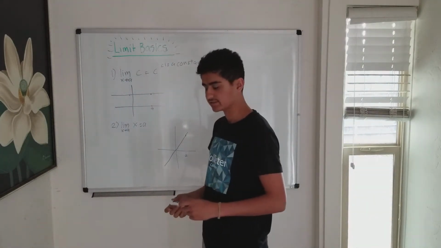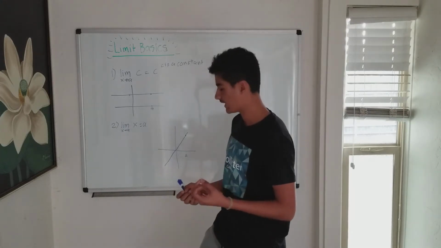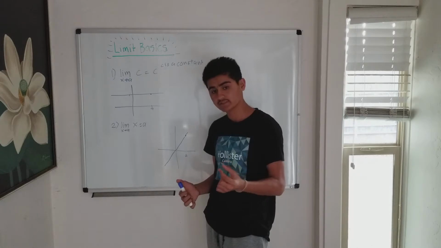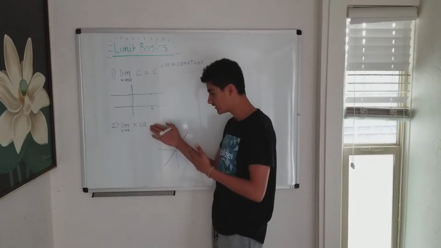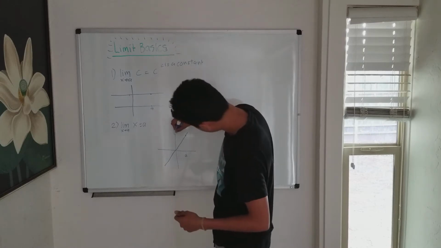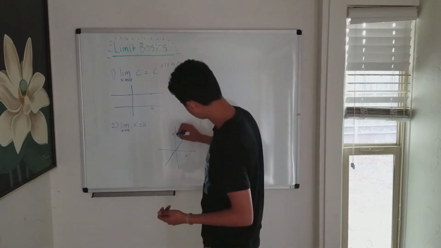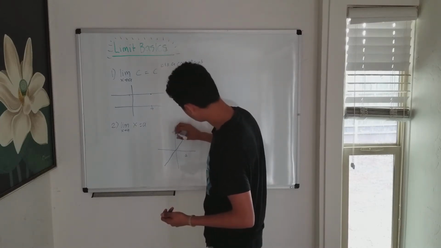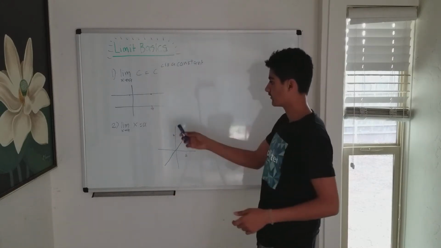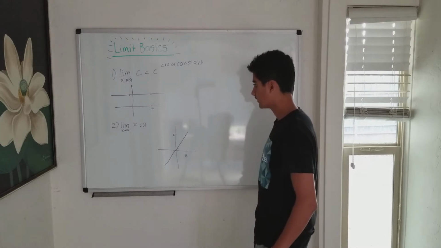So if we have the function x, and it's heading towards a, the limit is going to be a. It's really simple.